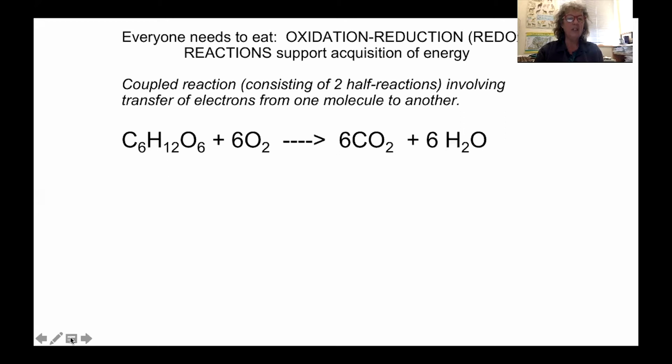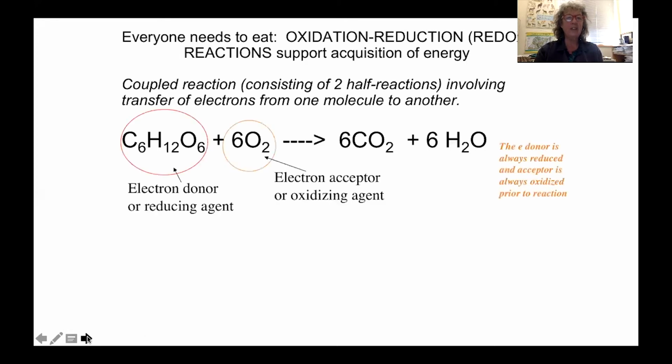So these are two half reactions where you have a donor shown here. Glucose is the donor, and an acceptor, which is oxygen in this case. So this is a very common reaction. A lot of microorganisms carry out this reaction, but humans also carry out this reaction.